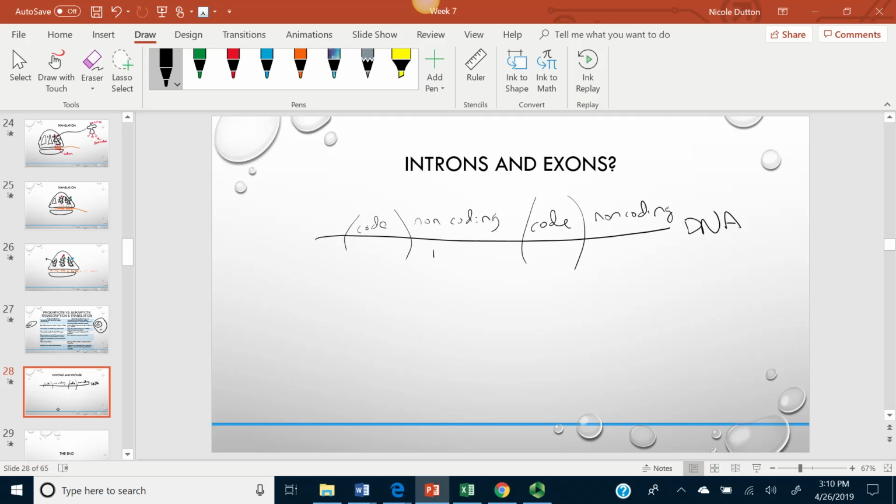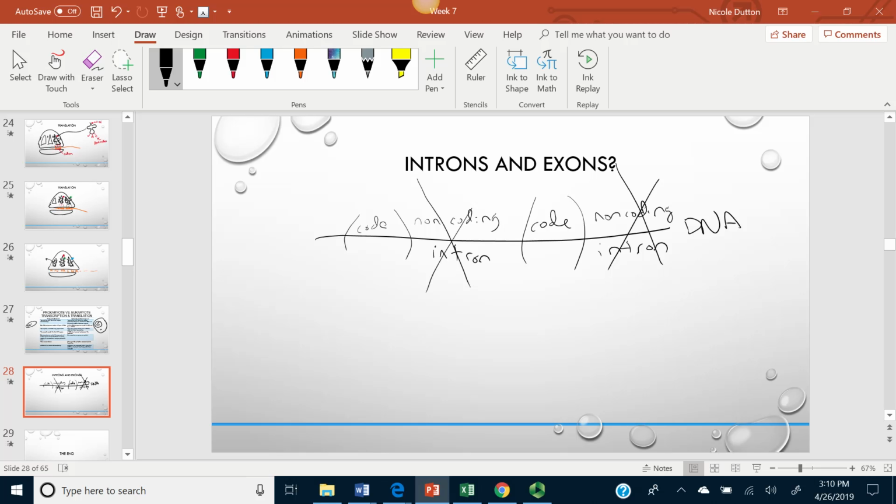Non-coding regions are introns, while the coding regions are exons. These introns have to be removed prior to translation, or you're going to end up translating the wrong protein.